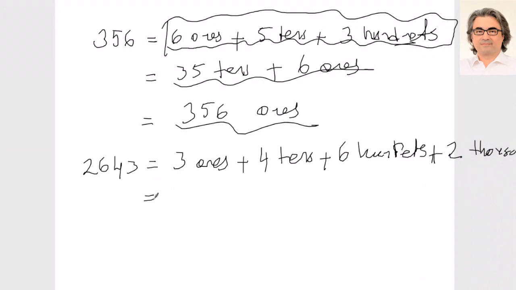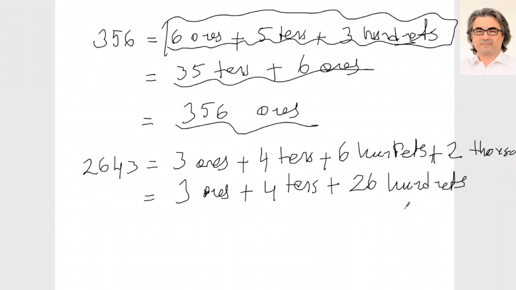Or you may write this like this: 3 ones again, plus 4 tens, plus 26 hundreds.